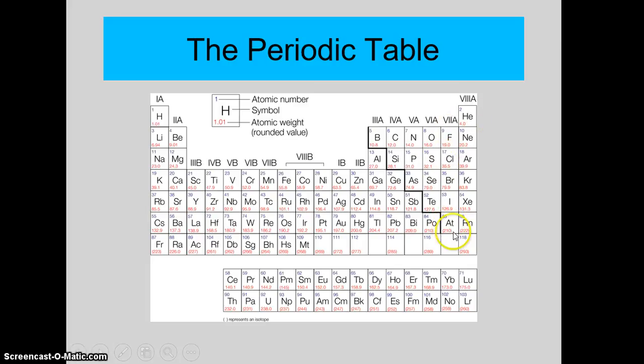And then the last column on the periodic table, column 8A, these are called the noble gases: helium, neon, argon, krypton, xenon, and radon. These are special in that, in the next chapter, we're going to find that all the atoms attempt to look like the noble gases. They attempt to have 8 outer electrons, with the exception of hydrogen, which can only have 2, like helium.